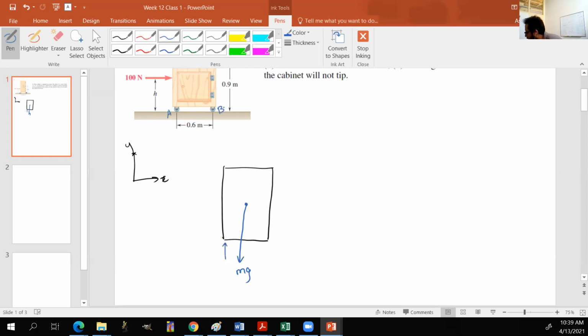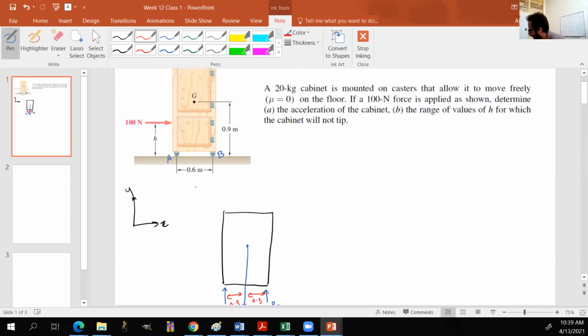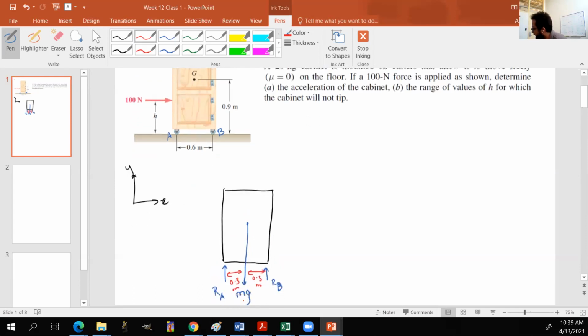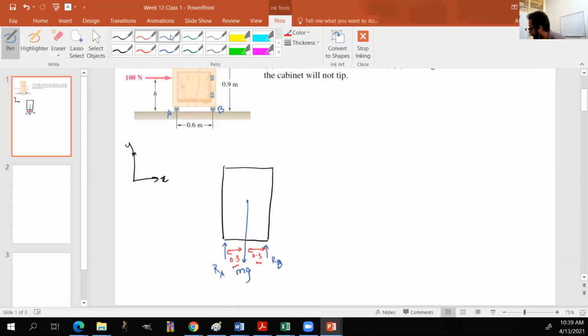I'll call this point A and that point B. So RA and RB, and these act such that this distance is 0.3 and that distance is 0.3 meters, because we know that the mass is going to act at the center. And then you were told that there's a horizontal force of 100 newtons that acts at a height h.